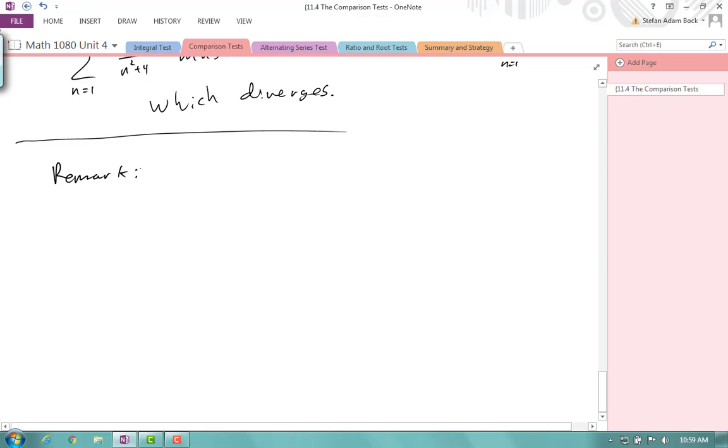the comparison tests can also help me a little bit with estimating sums, as long as I'm comparing to a series for which the integral test can be used.